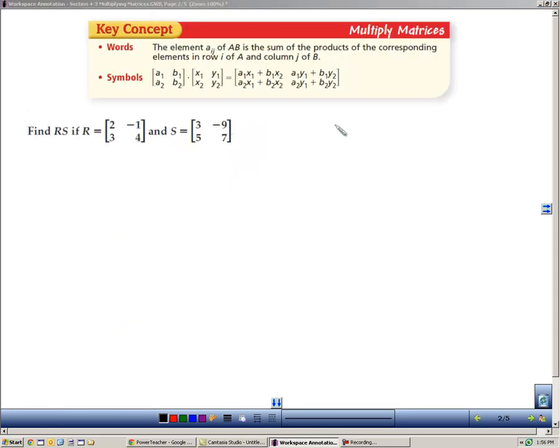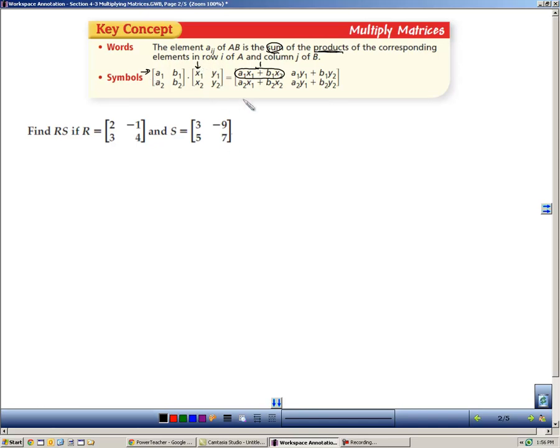Here we're going to look at how to multiply matrices, and this can sometimes be difficult. The pattern is sort of a complicated one. I'm going to try to explain it to you. Basically, it's saying that the first element of the array that you get as a solution is made up by taking the sum of the products of the first row and the first column in the arrays that you multiply.